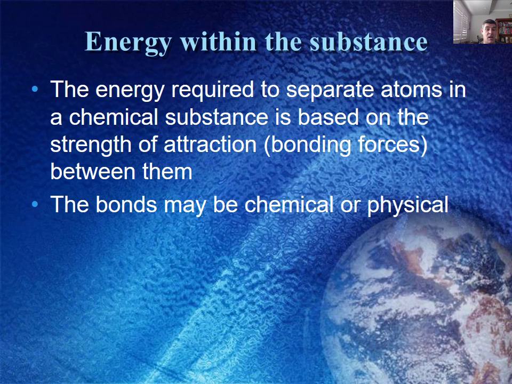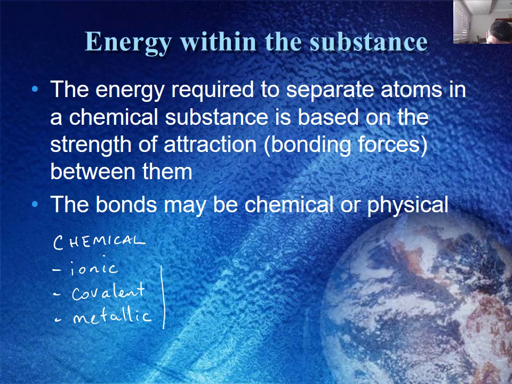Bonding forces can either be chemical or physical. We've looked at the moment at some of the chemical types of bonds that occur between different atoms. So this would be something like an ionic bond between oppositely charged ions, a covalent bond created by the sharing of electrons between two atoms, and also metallic, the sorts of bonds that occur between metal ions in a metallic substance.